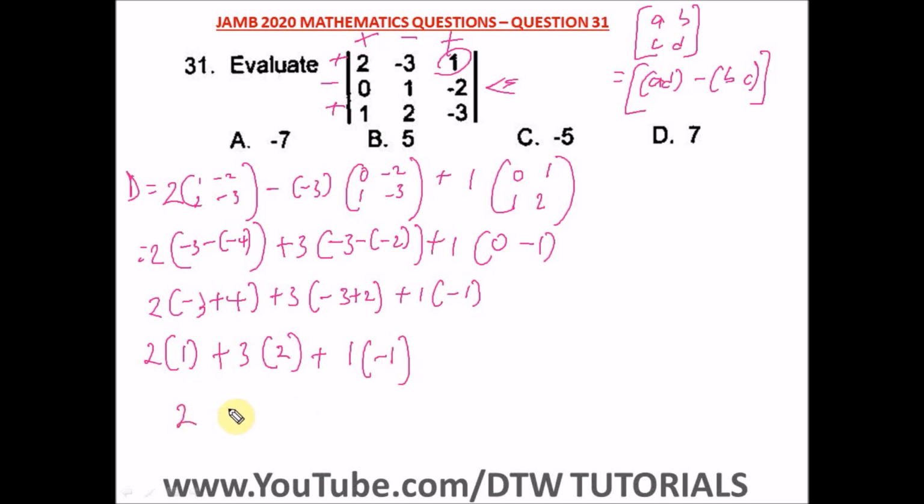So you have 2 plus 6 minus 1. This is 7. This is 8 minus 1, which is equal to what? 7. So your answer is D, 7. So that is for question number 31. That's question number 31. Sorry.